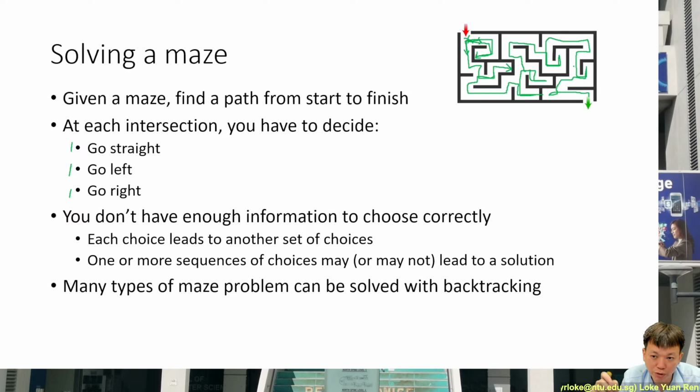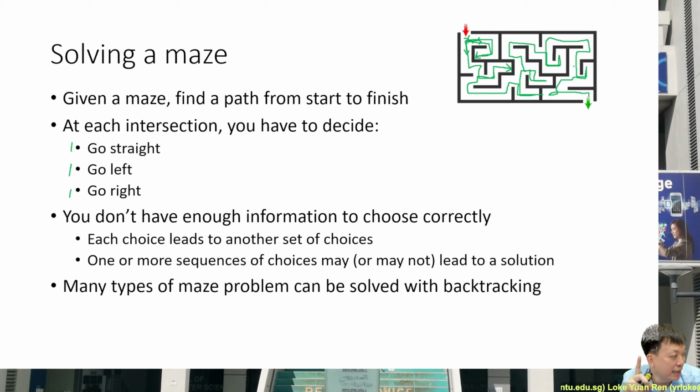What I would like to highlight again is that in this example you can see only one path, but sometimes the maze can have more than one path. Will it end up in a loop? No, because once you visit a place, you won't revisit it again. That's what depth-first search is trying to do. If you end up in a loop, that means you keep repeatedly visiting the same places.